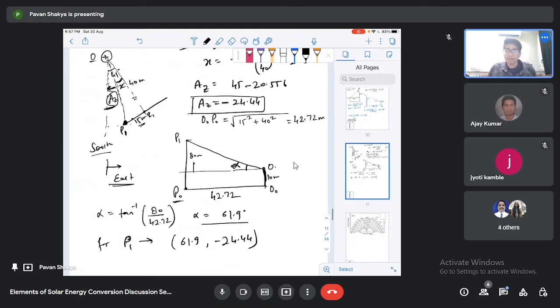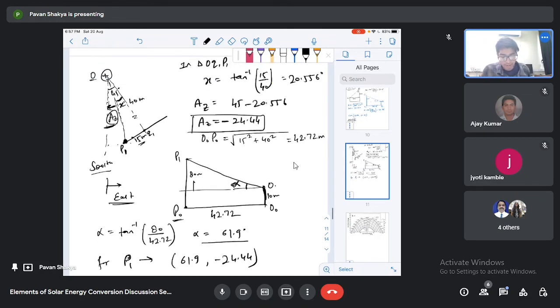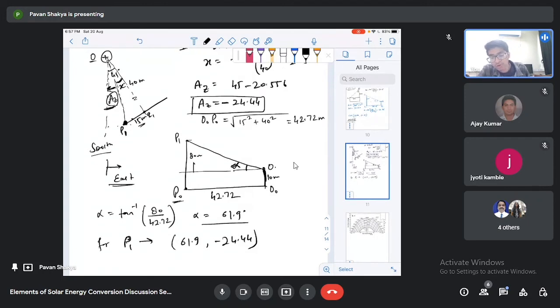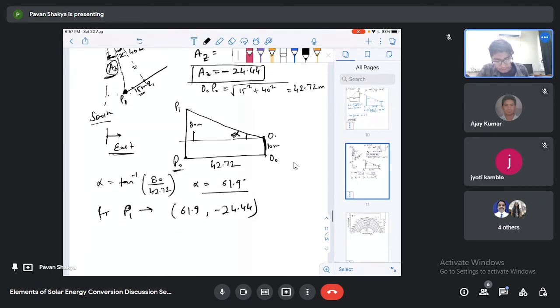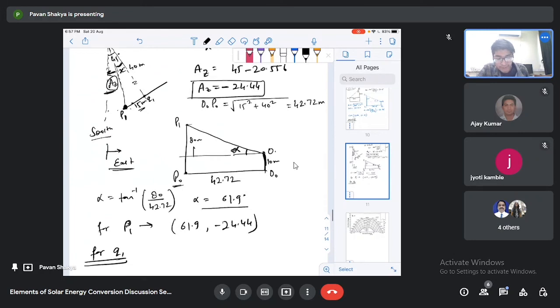Okay, so I have solved for the point P1. Now similarly you can solve for the point Q1. For Q1, you can easily say that this 45 degree is the azimuth angle for the point Q1.